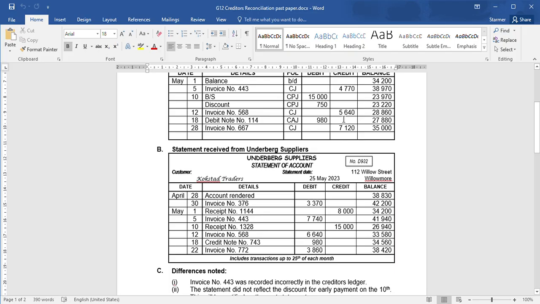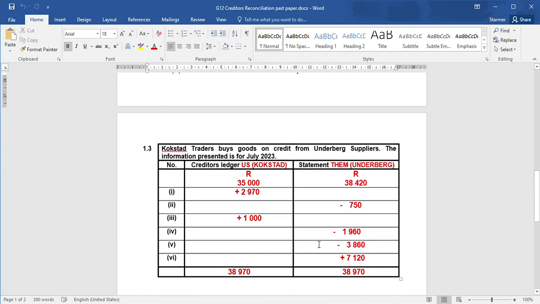Irrespective of who ordered the goods, who the goods were ordered for, we owe the full 6640 to the creditor. It's up to us at a later stage to try and take disciplinary action for the theft of that stock that's obviously taken place. So we can't say we only owe 5640. We actually owe 6640, so we need to add 1,000 Rand on to the amount that we owe to them.